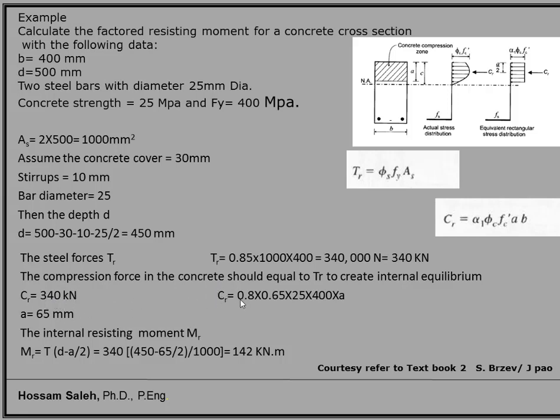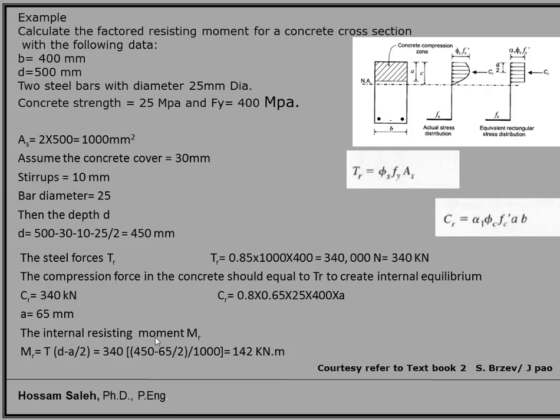Now Cr equals 0.8, which is alpha 1, and we have an equation in another video showing that, times phi c, 0.65, times 25, which is the F prime c, times 400, the width of the beam, times a, that's the depth of the compressive zone. Now a from this equation will equal 65 millimeter.